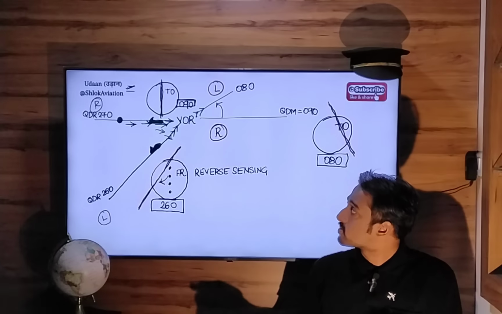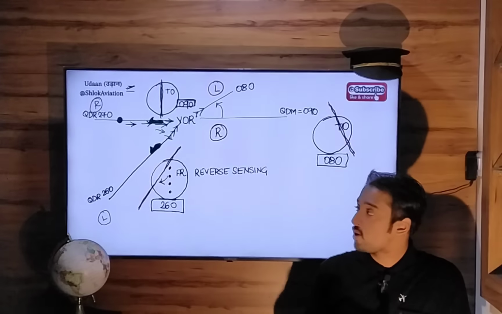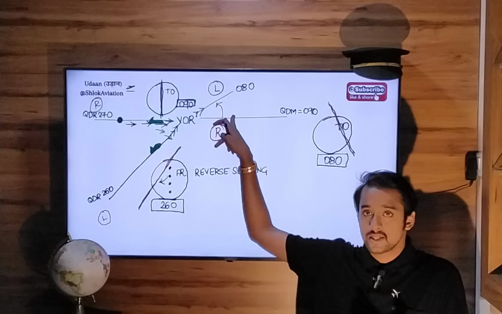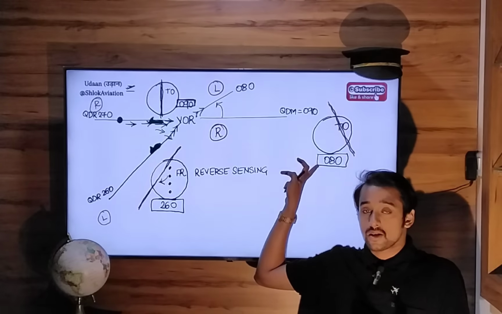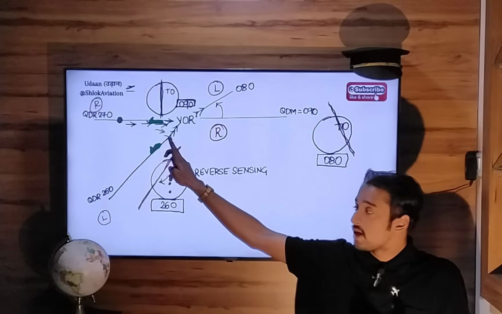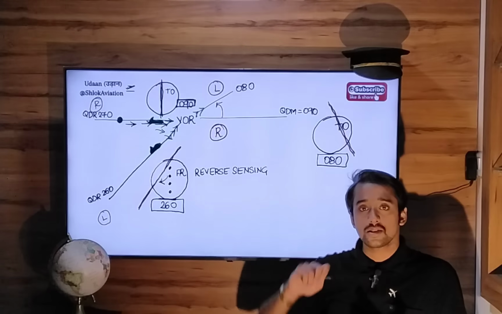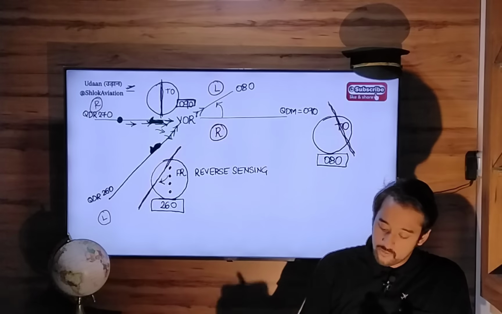Okay. So with radial 080, you are currently on radial 270 to 090. You have put 080. So to go to 080, you will have to make a right turn on 260 and then fly 260 to go on 090. Now this entire picture is the top view.